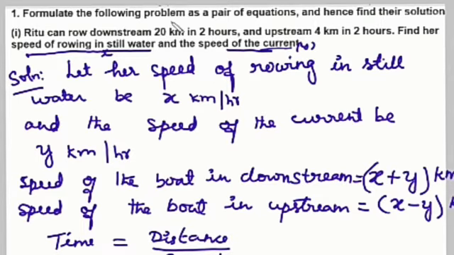So here the distance is in kilometer, here also in kilometer, then okay, it's fine. And here the time is in hours and this is also in hours. If the time is in minutes or seconds, you have to change the time to hours. But in this problem there is no problem. We can directly solve this question.